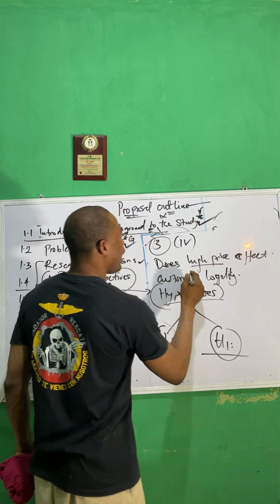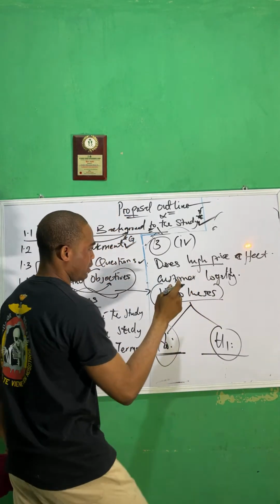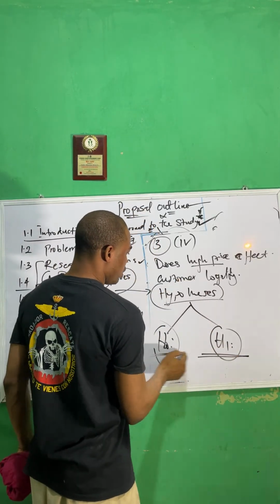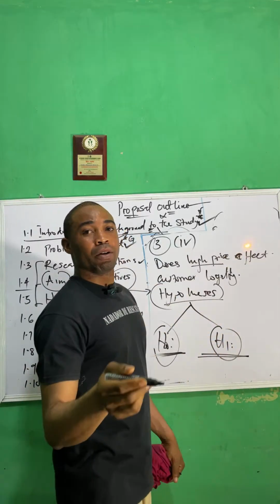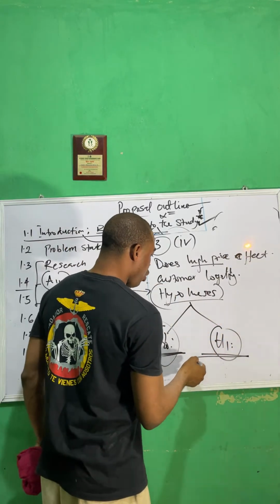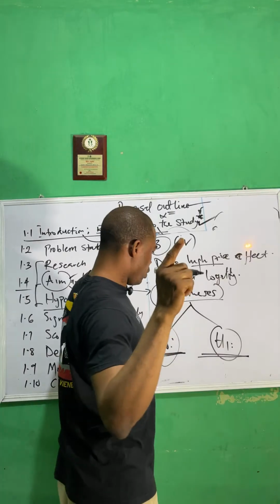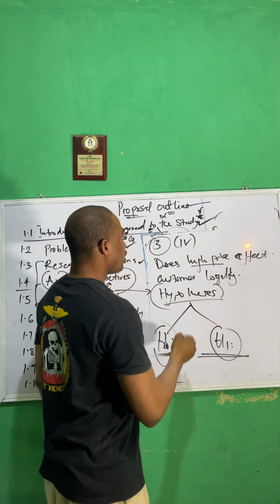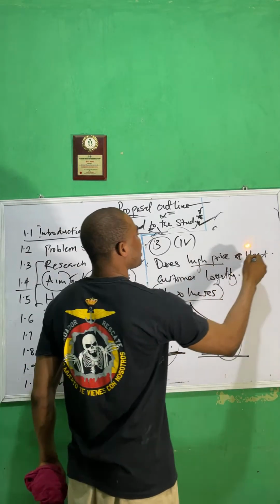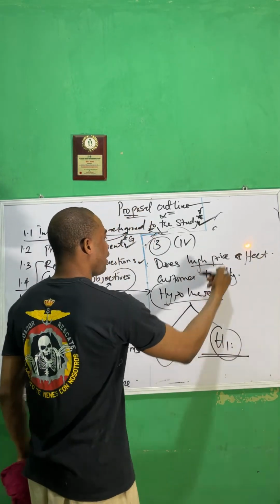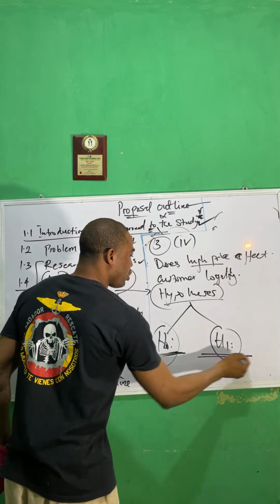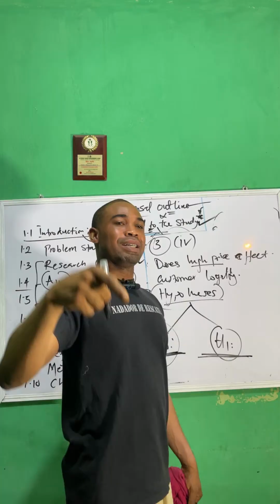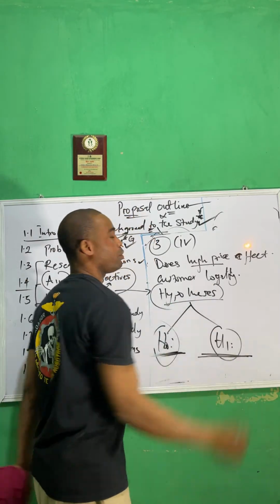So if you are talking about high price, you can check that if the null hypothesis is telling us that high price cannot affect customer loyalty, then the alternate hypothesis will tell you that high price can affect customer loyalty.